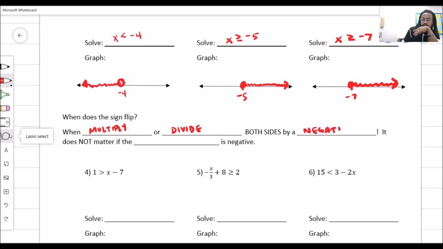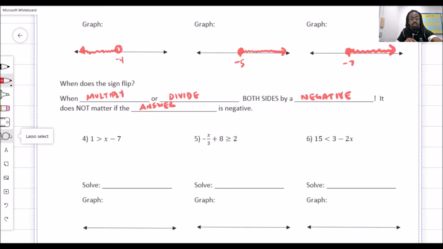When you multiply or divide both sides by a negative, it does not matter if the answer is negative. We don't care if the solution is negative. That doesn't play into whether we flip our sign. It's only if we multiply or divide both sides going into solving for a variable. That's the only time that we have to flip our sign.